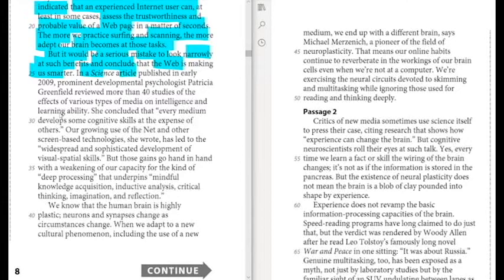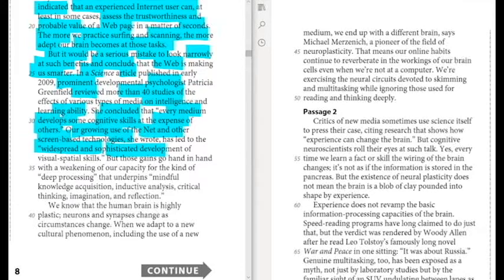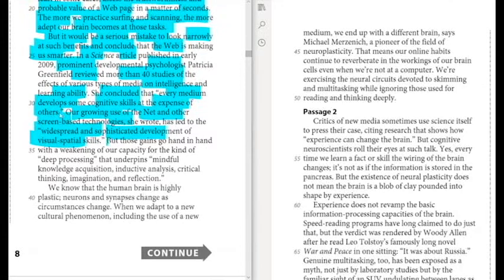In an article, prominent psychologists reviewed more than 40 studies of intelligence and ability. She concluded that every medium develops some skills at the expense of others. Our growing use of the net and other technologies has led to widespread and sophisticated development of visual spatial skills, but those gains go hand in hand with a weakening of our capacity for deep processing that underpins mindful knowledge acquisition.